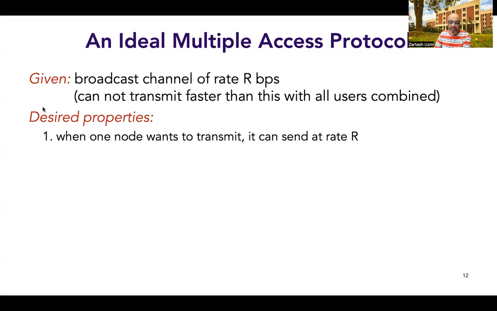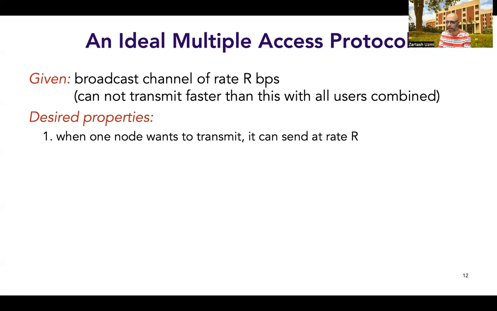The desired property, at the highest level, from an ideal multiple access protocol is that if there is only one guy who wants to transmit, it should be able to take the entire broadcast channel rate. It should be able to send at a rate of R. If two guys want to transmit, they should be able to transmit at R by 2, R by 2.